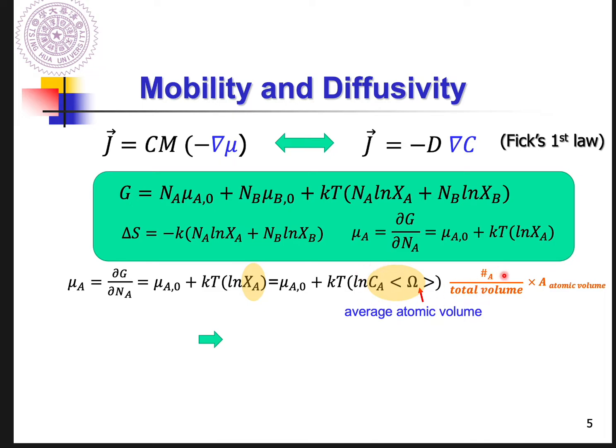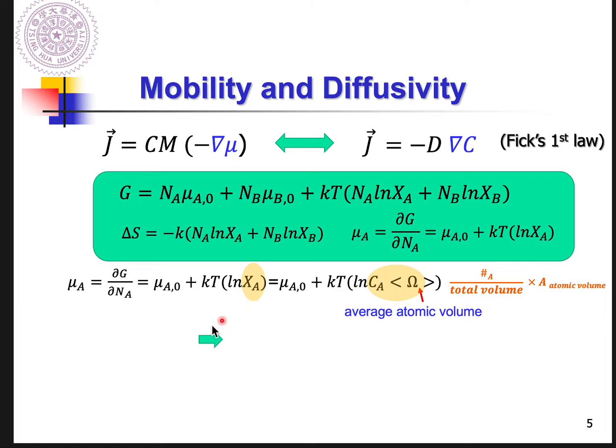CA is the number of atom A in our material per unit volume. Times the average atomic volume, which is the volume of atom A, the number of atoms times the atomic volume gives the total volume of atom A, divided by the total volume. So it is the atomic fraction of atom A, right?